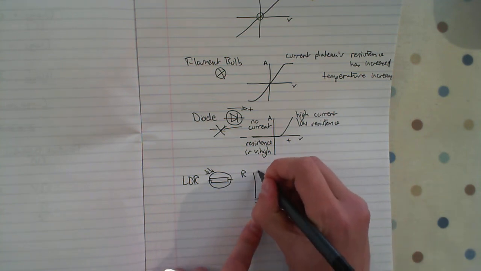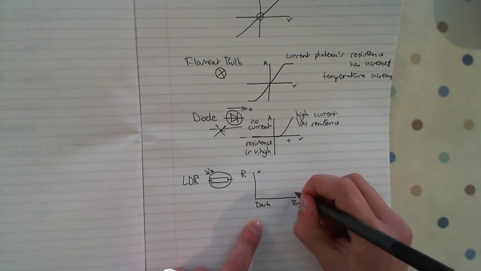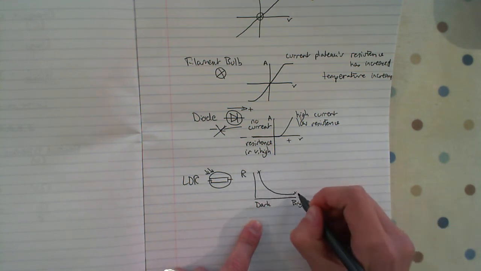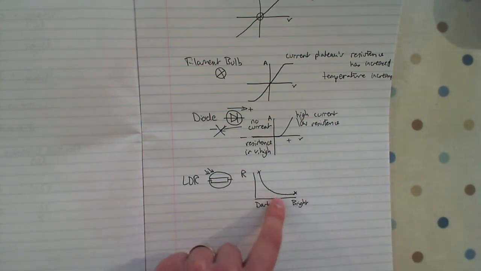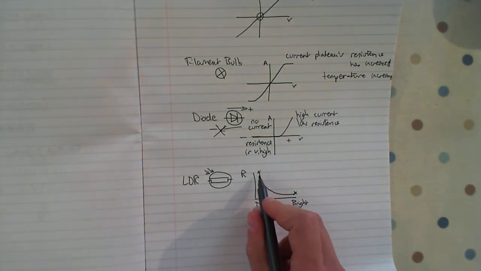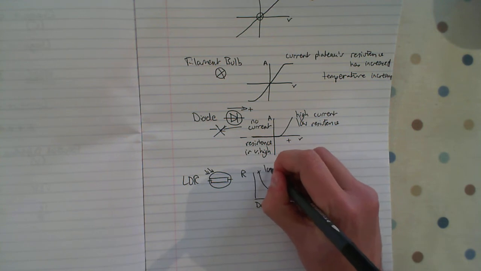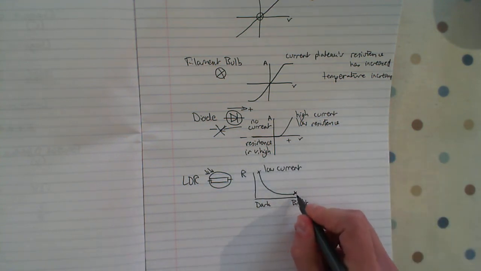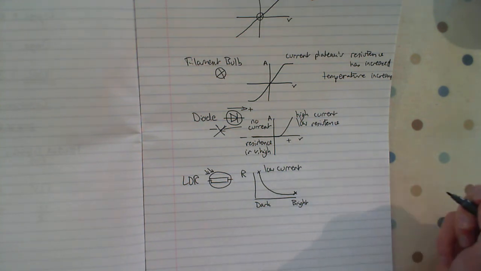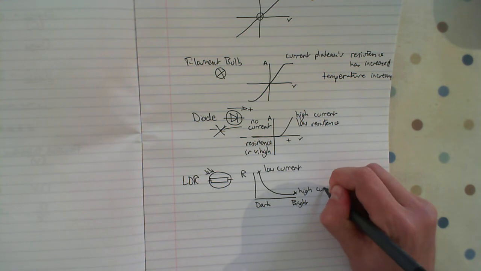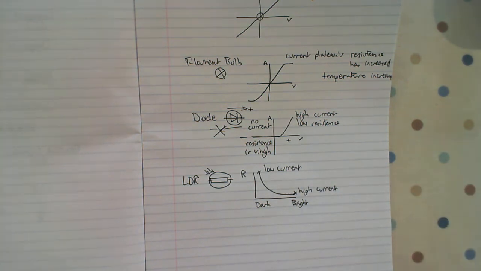And when it's dark, the resistance is high, and when it's bright, the resistance is low. And it's not a linear graph, it decreases like that. So again, with LDRs, when it's dark, the resistance is high, so we've got low current. When it's bright, we get low resistance, so we get high current.